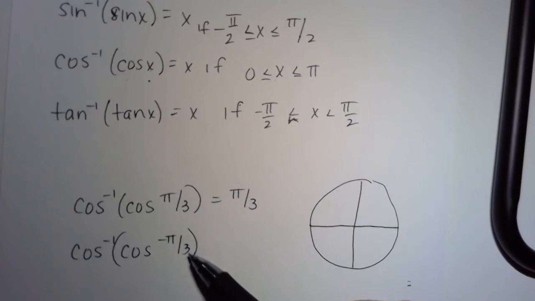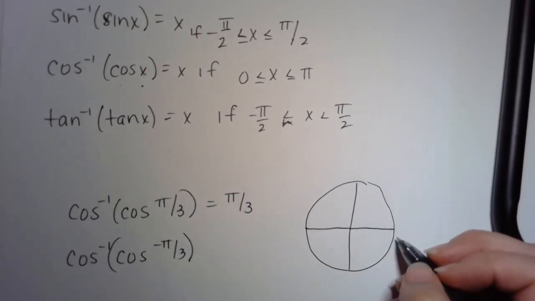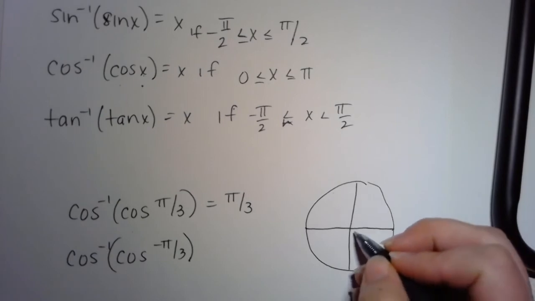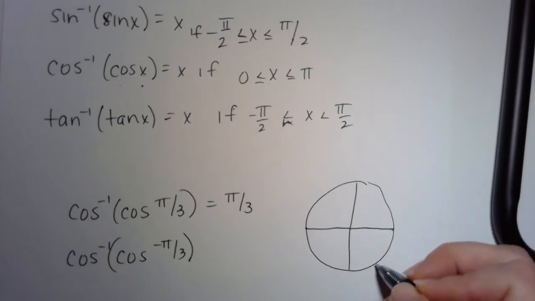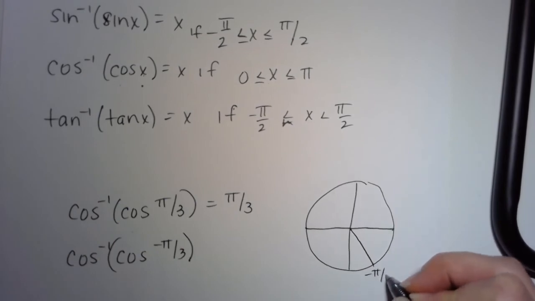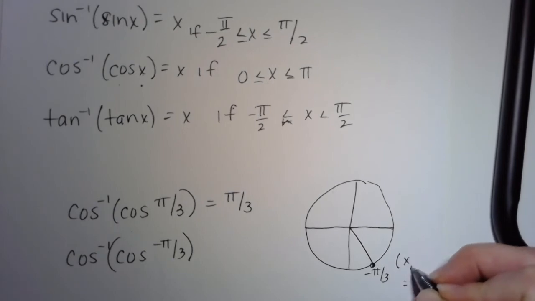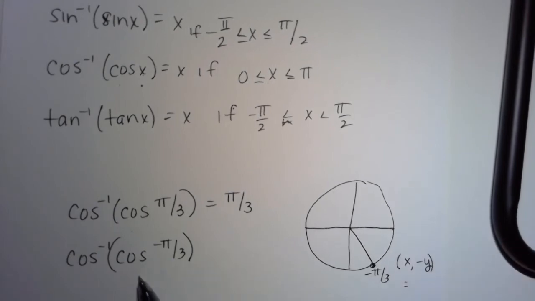It's negative pi over 3. So I want to think, where is negative pi over 3? It's somewhere here, probably about here. Down here has a positive x and a negative y. Now my cosine is x, so my cosine is going to be positive, okay?